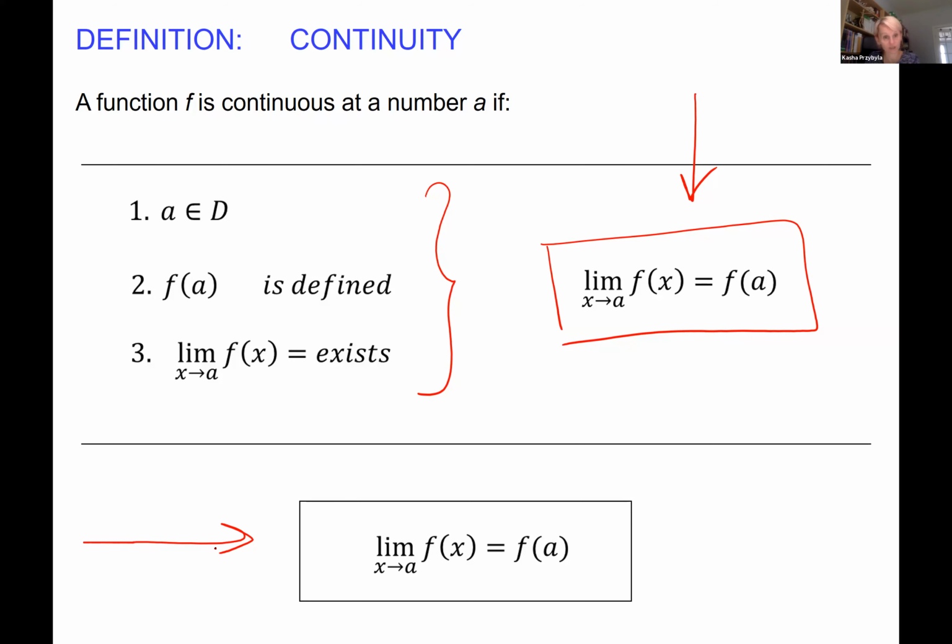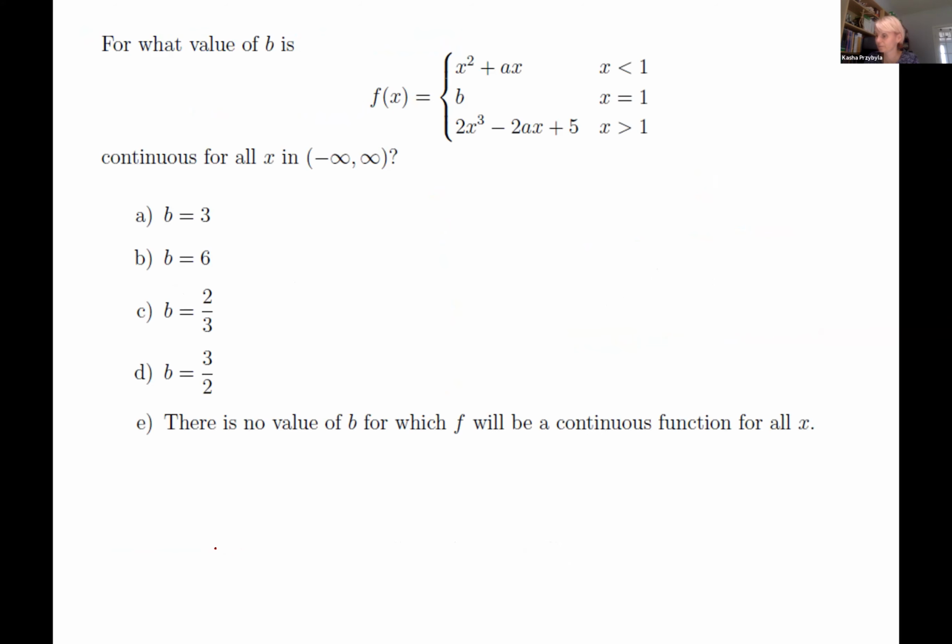And now I can show you a few questions related to continuity. We may ask: for what value of b is this function continuous everywhere? We see a quadratic function defined for x less than 1. A quadratic function, a parabola, is definitely continuous.